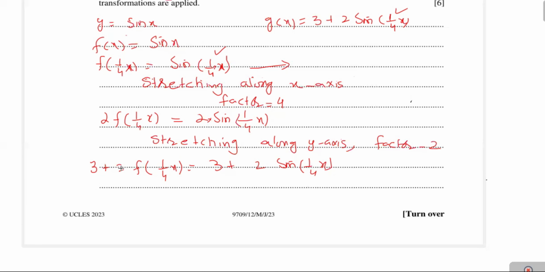And the last is the third transformation. You see here 3 plus 2 f of 1 over 4x. Here 3 is added to this function. Therefore this transformation is a translation, when you add something, and the change is outside the function, therefore it is a translation along the y-axis.